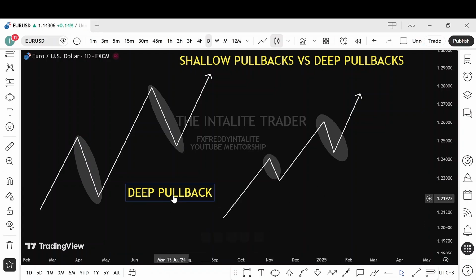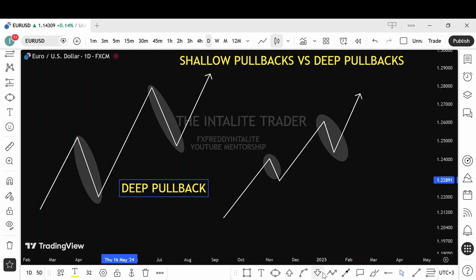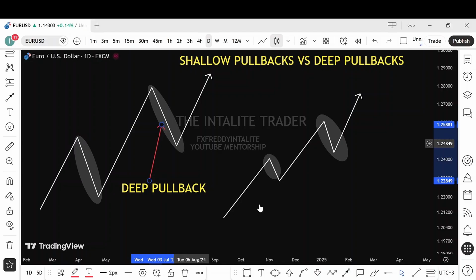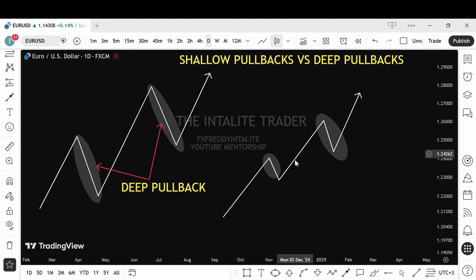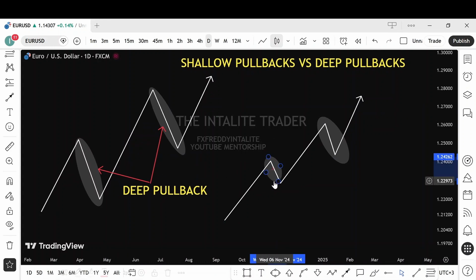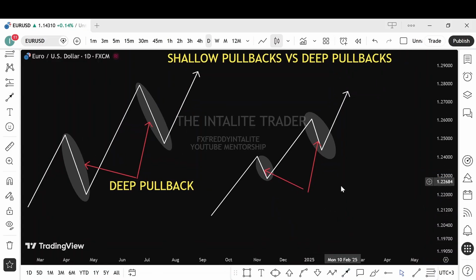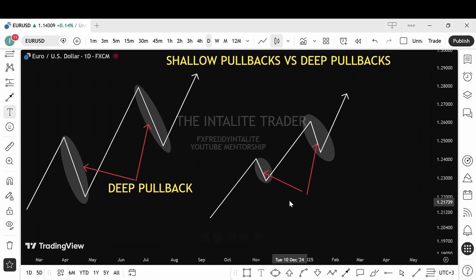And then for these two, if you have this, and then this one, these are deep pullbacks, but for these two, we shall call them shallow pullbacks. These are shallow pullbacks.